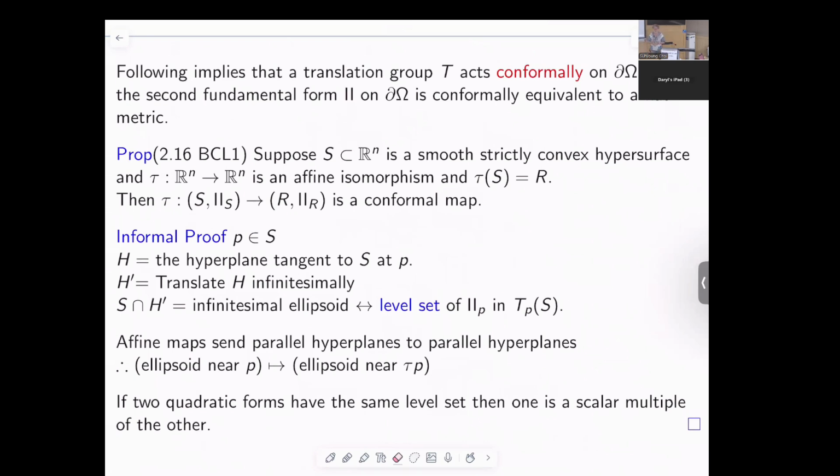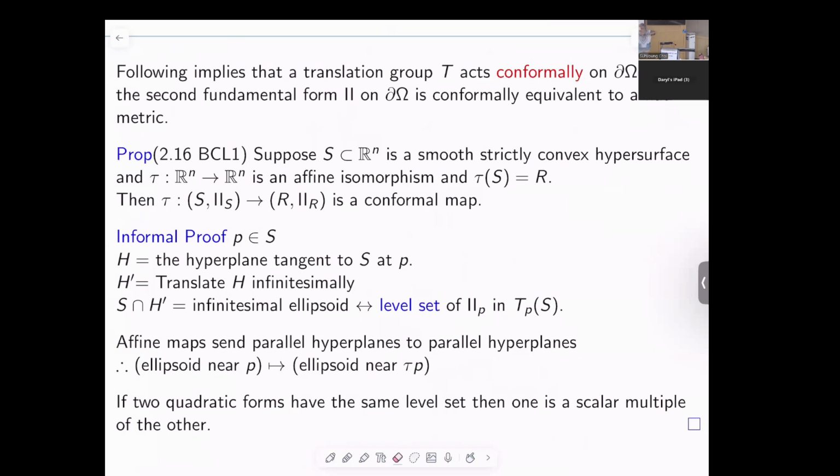There's a metric. If you have a strictly convex surface in affine space, there's a metric on that surface coming from the second fundamental form. So we've got a smooth, strictly convex hypersurface S in affine space. And suppose you've got two of them, and an affine map that sends one strictly convex hypersurface to the other, or for that matter, sends a strictly convex hypersurface to itself.